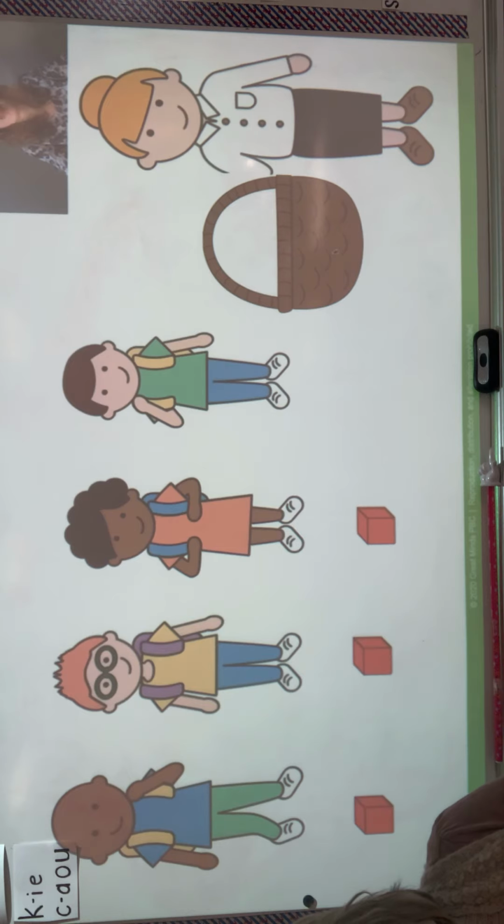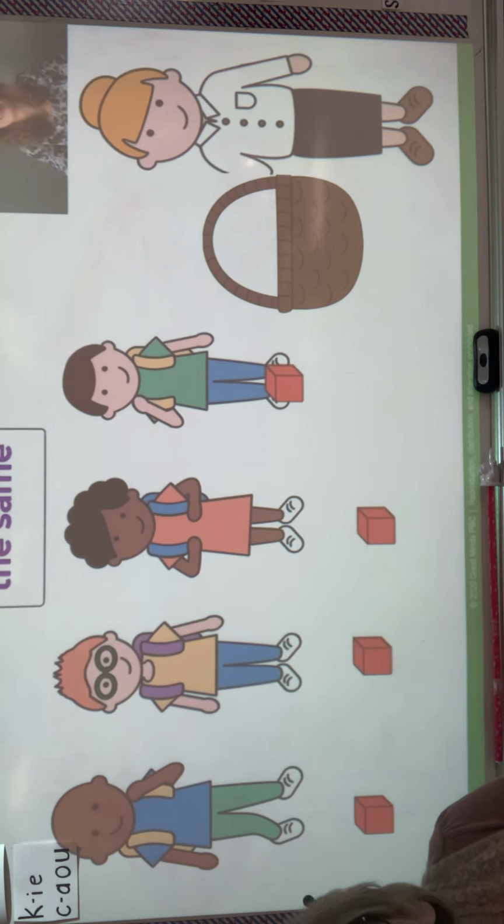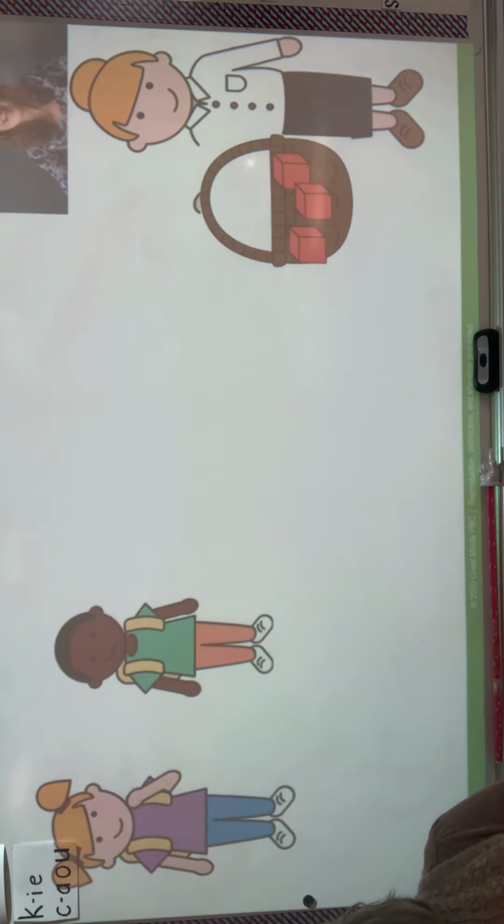Here is another block. Now we have the same number of blocks as students. Before, I had more students than blocks. I had to find another block to make them the same number. Then, guess what? When I was walking home, I bumped into some more students.